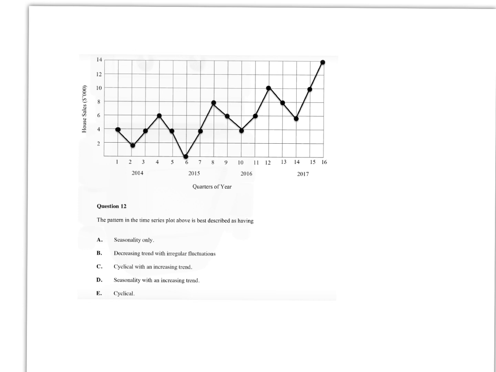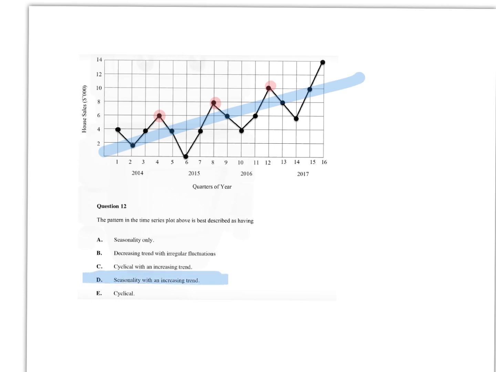Not really. Oh, you reckon it is? 4, 8, 12, 16 all increase. Okay, alright, good. So we think that it is. Awesome. Because it's every 4, let's say it's seasonality. But would it also be increasing? Yeah, I would go with that. So we're going to go with D.